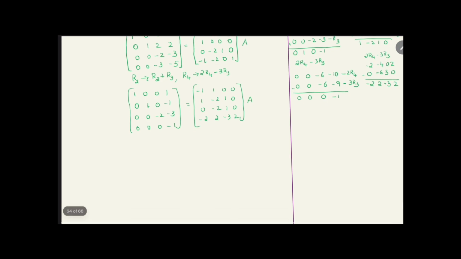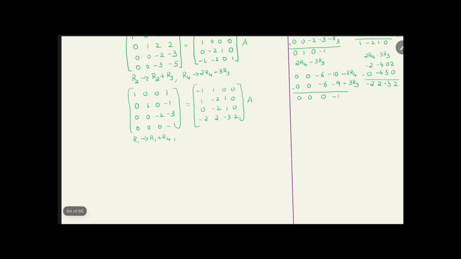Now next. Okay, now I have to make use of the fourth diagonal element, and I should make these three elements 0. Is that clear, students? For that, what will be the operations? R1 implies R1 plus R4.